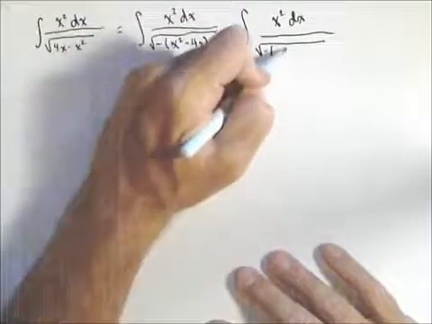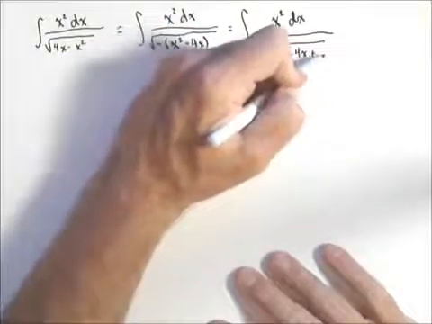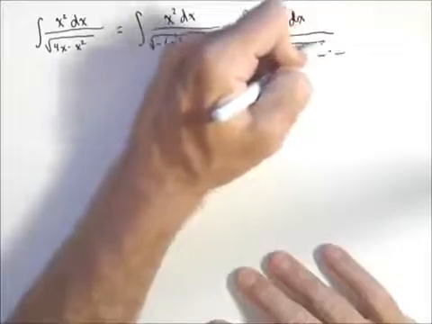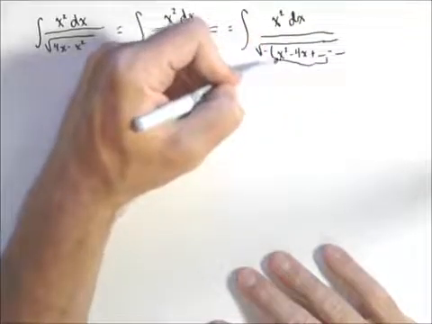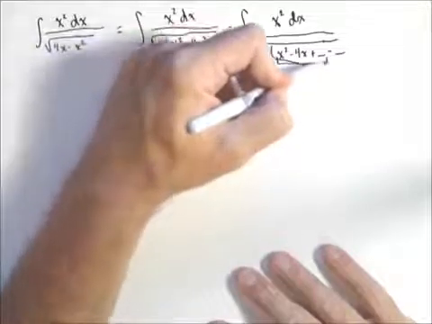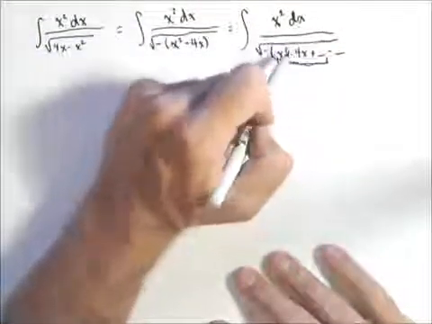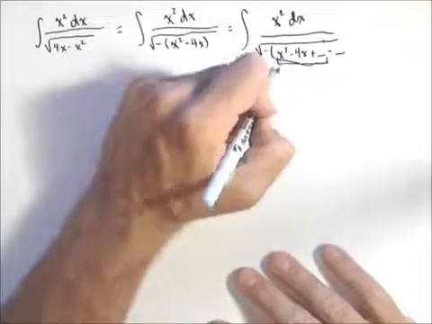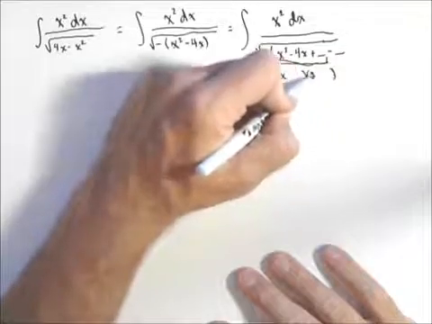Now I'm going to have x squared minus 4x plus something minus something. Now what we need is for this part here to be a perfect square. In other words, it's going to factor into two identical factors. Now remember how that works. If we have two identical factors there, they're going to look like this.